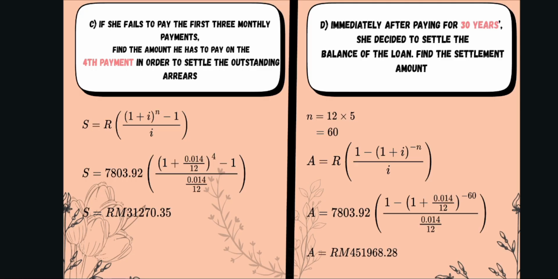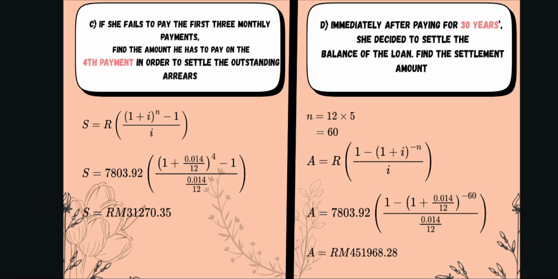D, immediately after paying for 30 years, she decided to settle the balance of the loan. Find the settlement amount. So we're going to use the formula A equals R[1 − (1 + i)^−n] divided by i. We find that n equals 12 times 5 equals 60. So we put all the numbers into the formula.